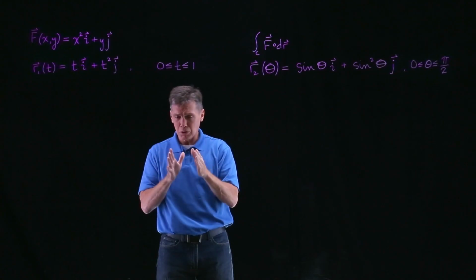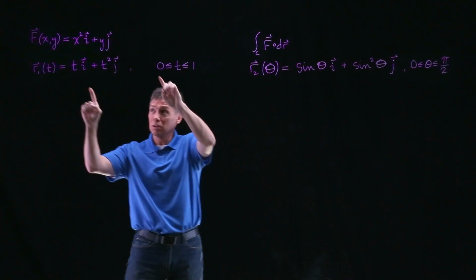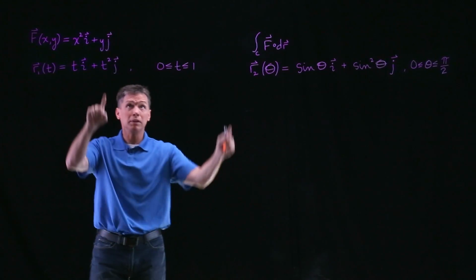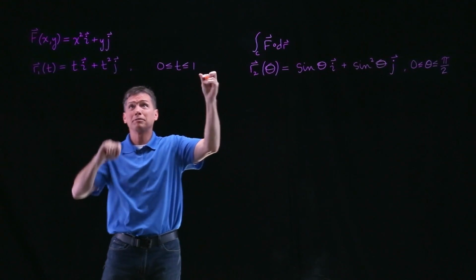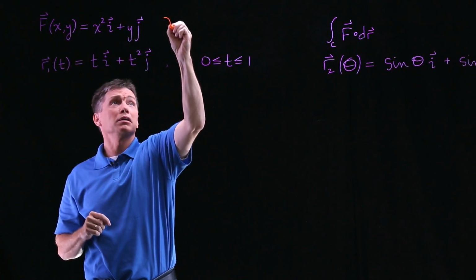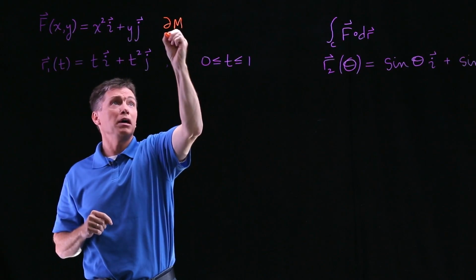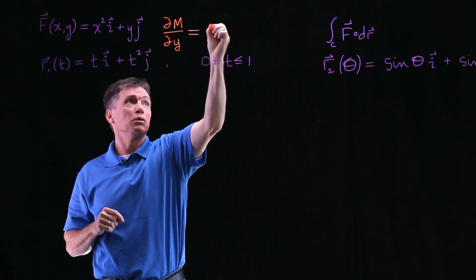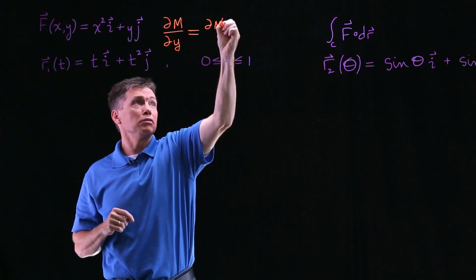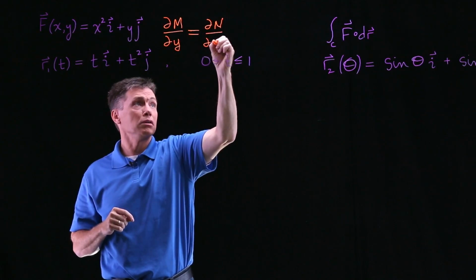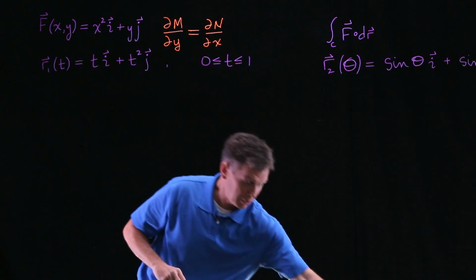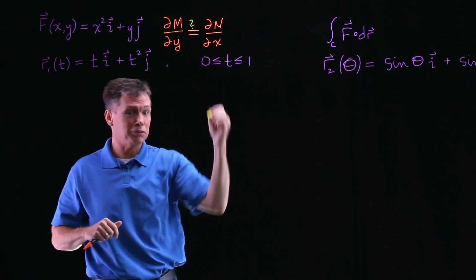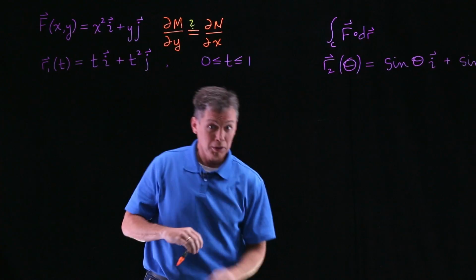Okay, let's just start where they ask us to start, which is to show that this function is conservative. What I would do is check if the partial of m with respect to y equals the partial of n with respect to x, and that's actually a question mark at first, even though we know the answer because they told us to show it's conservative.